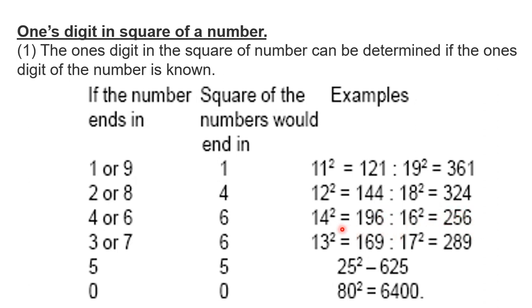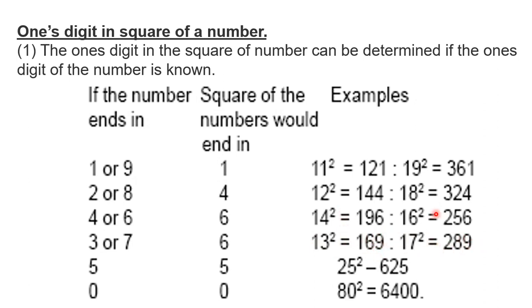So we can conclude, if a number ends with 4 and 6, its square ends with 6. If we take 13 and 17, where the unit digits are 3 and 7, we can say when a number ends with 3 and 7, its square number ends with 9.